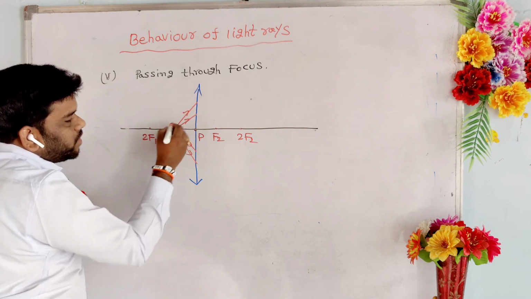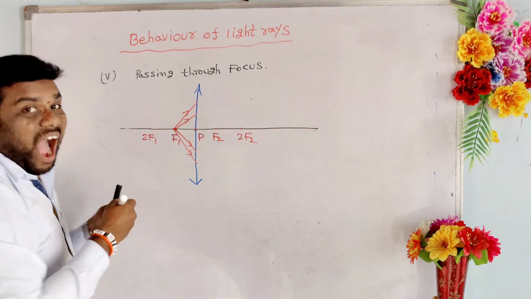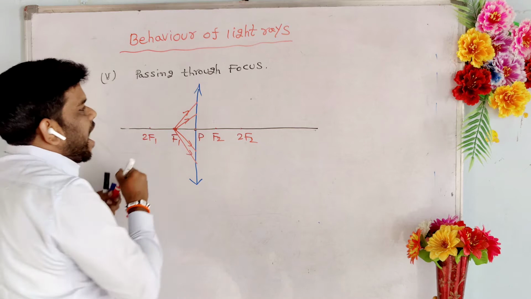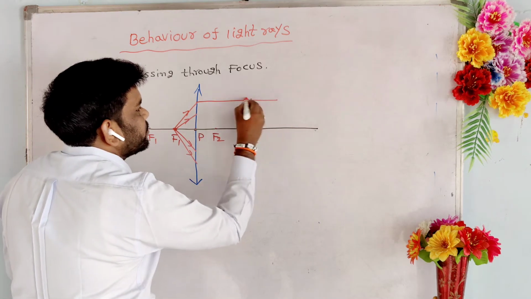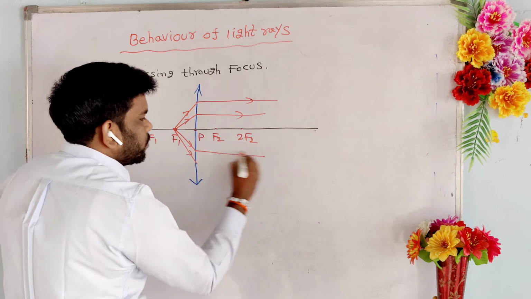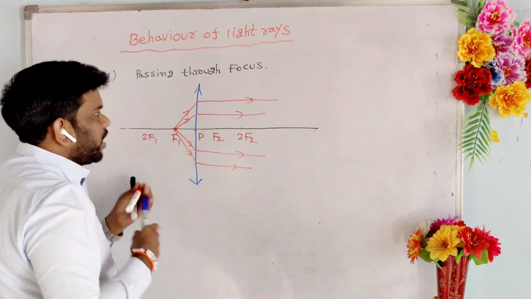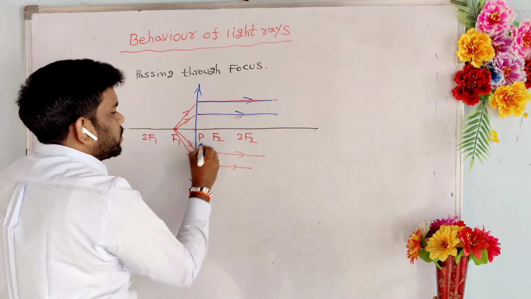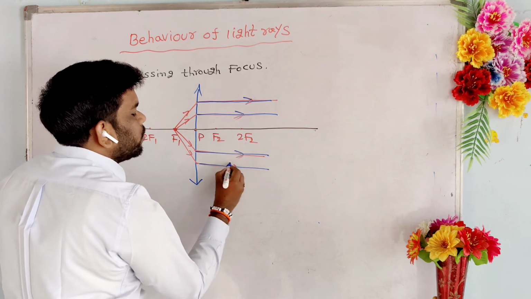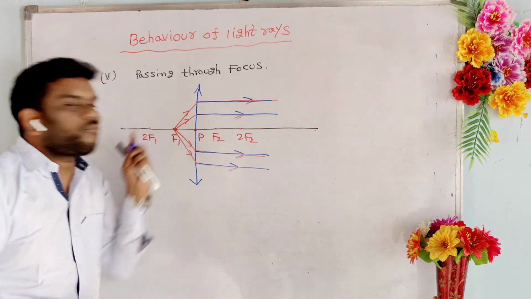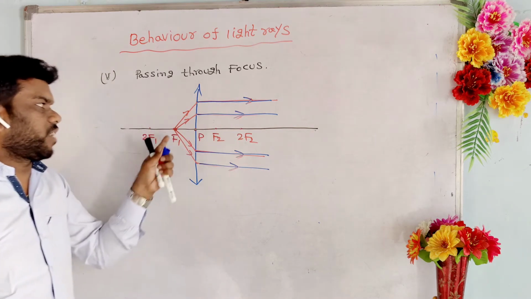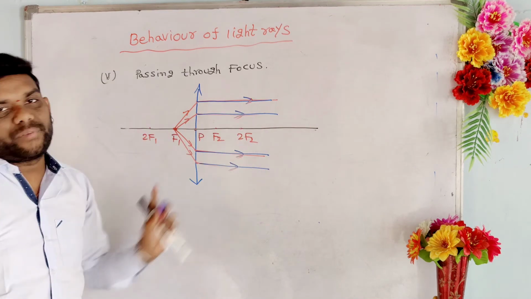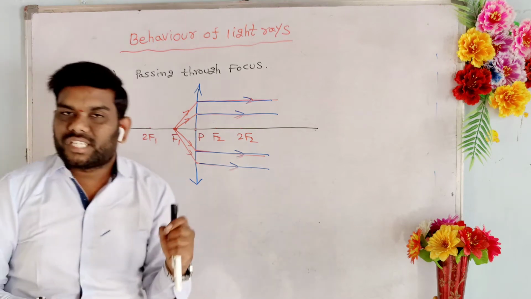So these 4 light rays are passing through the focus and, after incident on the lens, after refraction, those light rays are parallel to the principal axis. After refraction, parallel to the principal axis. This is quite opposite to situation 3.